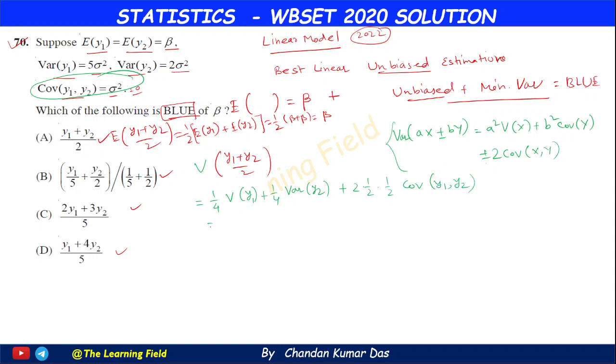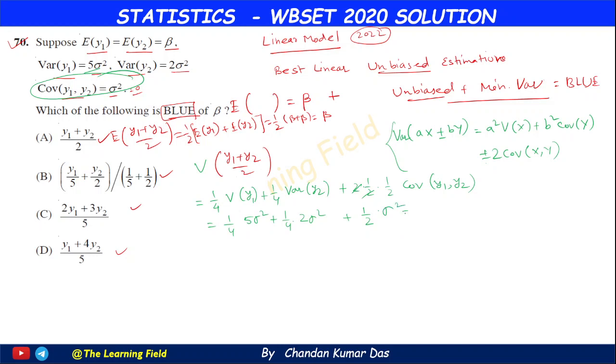So this is equal to 1 by 4 into variance of y1, which is given as 5 sigma square, plus 1 by 4 into variance of y2, which is 2 sigma square, plus 1 by 2 into covariance of y1 and y2, which is simply sigma square.